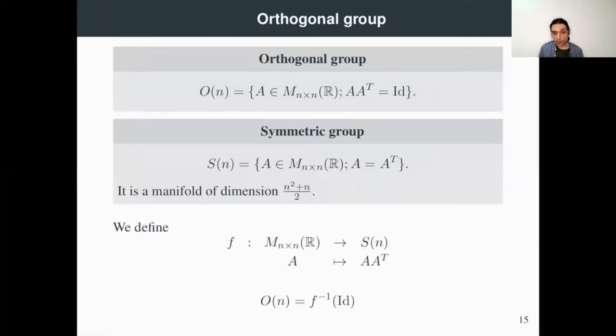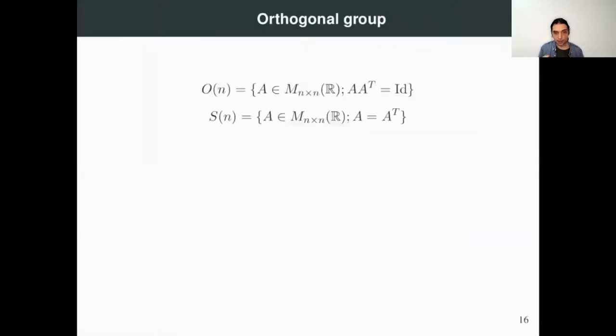So what we want is showing that the orthogonal group is actually a submanifold of the manifold of square matrices. And in order to show that, it's sufficient to prove that the identity is actually a regular value. Okay, so let's do that. Here we have, again, the definitions of the orthogonal group and the symmetric group.